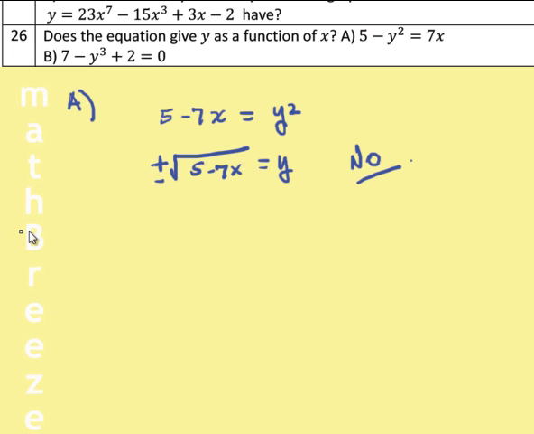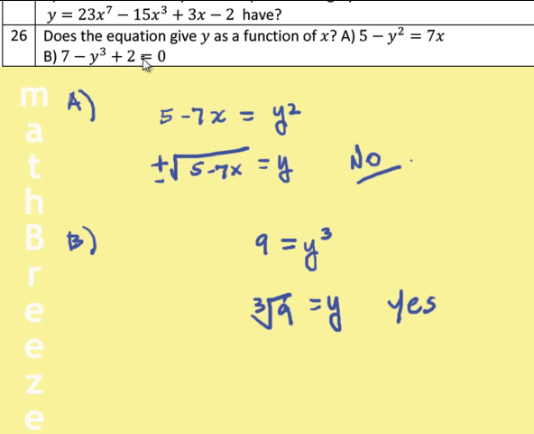No for A. And B, again, let's put y cubed on the right. And on the left, let's say we have 7 plus 2. And y is equal to the cube root of 9, so that's yes. Well, actually, it really would be better here if I had a variable in here, like let's say if I change this to x.